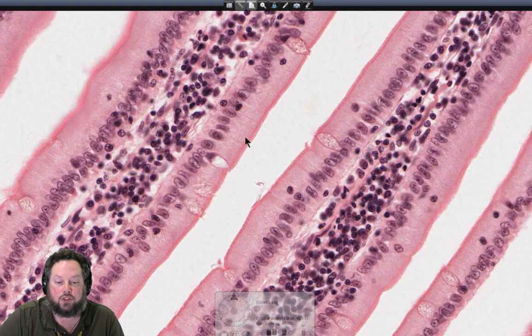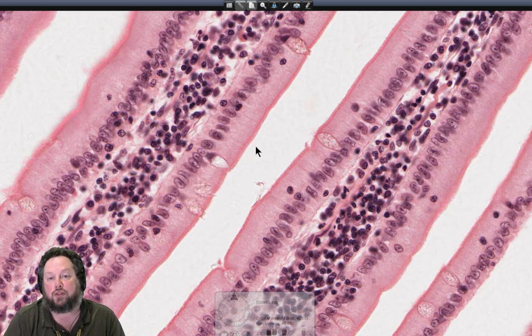These simple columnar cells with the very prominent brush border are known as enterocytes, and they're responsible for the digestion and absorption of nutrients. This brush border is actually microvilli, and on the surface of the microvilli we have enzymes attached which continue the breakdown of products that have begun to be broken down by secretions from the pancreas.